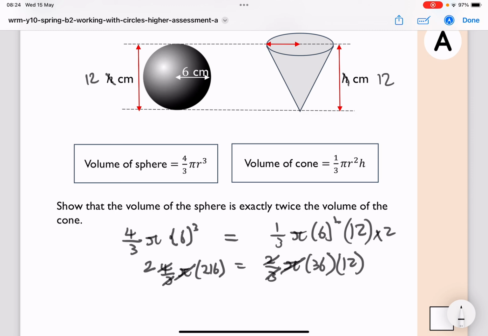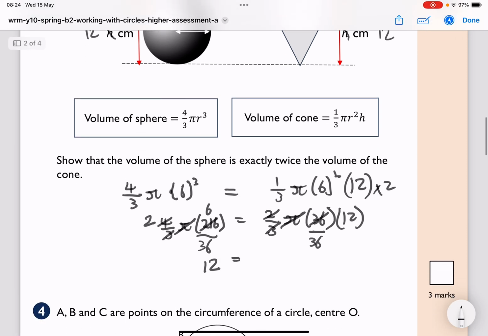And I know that 36 goes into 200. So if I divide by 36, that leaves me with 6 here. So what I end up with is 12 on the left, 2 times 6, equals what?